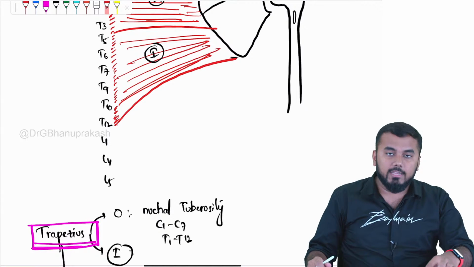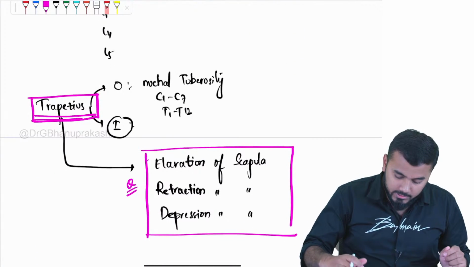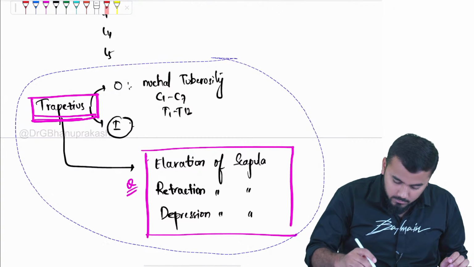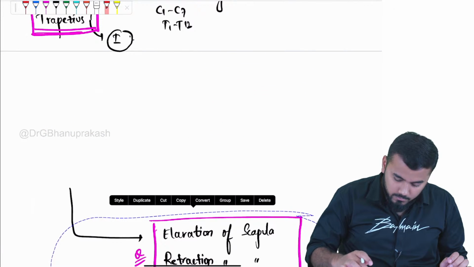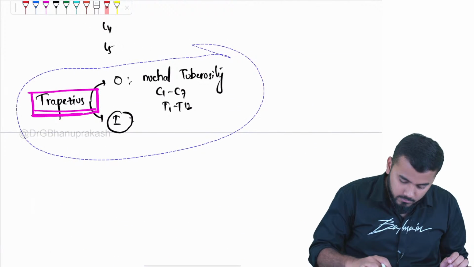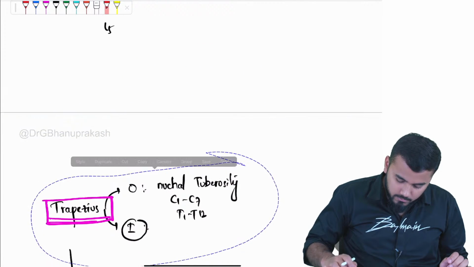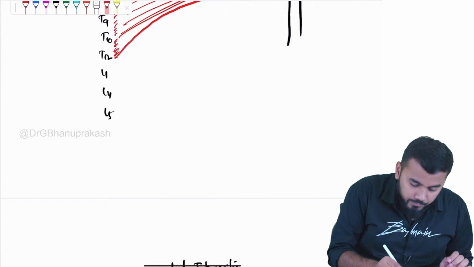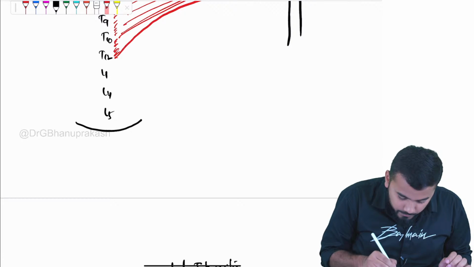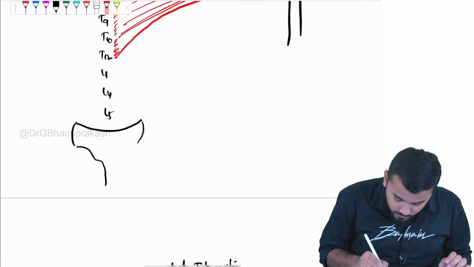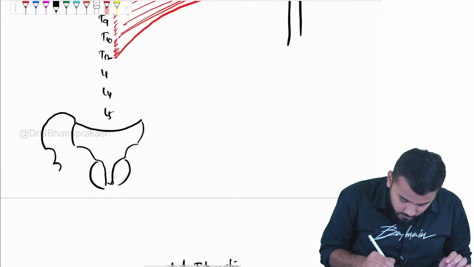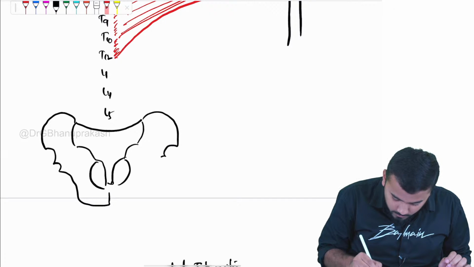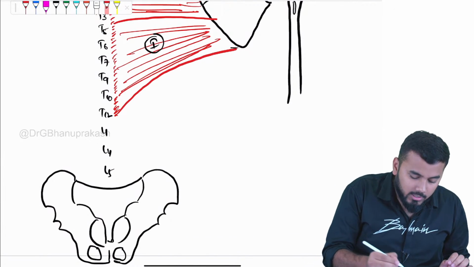Now look at the next muscle. Before I draw the next muscle, I'll draw it with the pink.